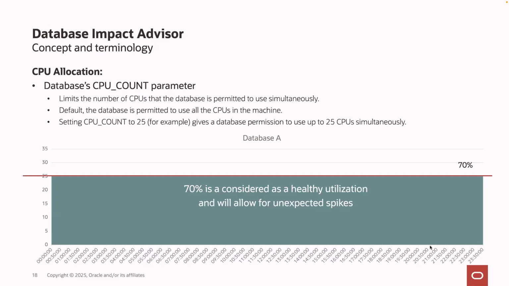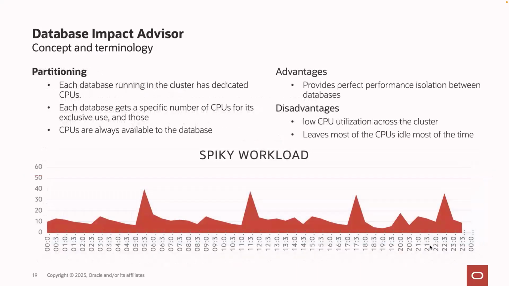But if you are always beyond, then it may be a problem. We will see that later on, what's happening here. So maybe it's those spikes that are causing the problem. If we're looking at spike workload, the former was more stable, every time using the same situation.